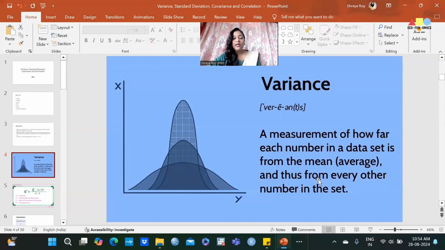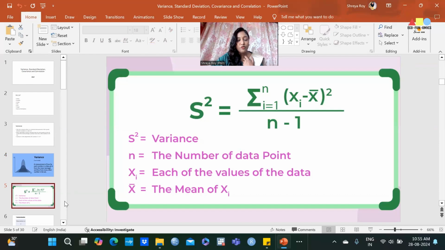Let's say this is my mean or the normal data. How scattered my data is in terms of degree is what variance calculates. This is the basic formula for variance.